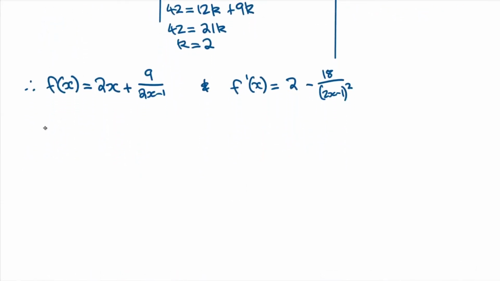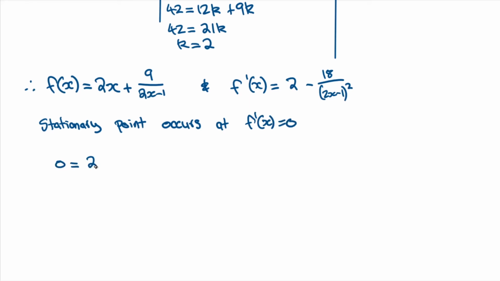We know that a stationary point occurs at f prime of x equals 0. So that means we've got 0 equals 2, subtract 18 over this stuff. And let's just go ahead and solve that.